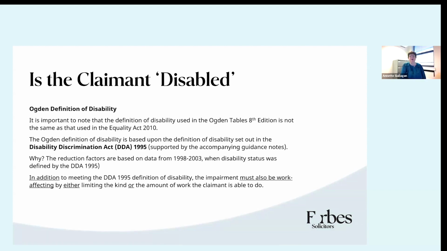It's also important to touch on the definition of disabled for when you're using tables A to D. The Ogden definition of disability is quite specific. It's not the same as in the Equality Act 2010. It is based on the definition of disability set out in the Disability Discrimination Act 1995.